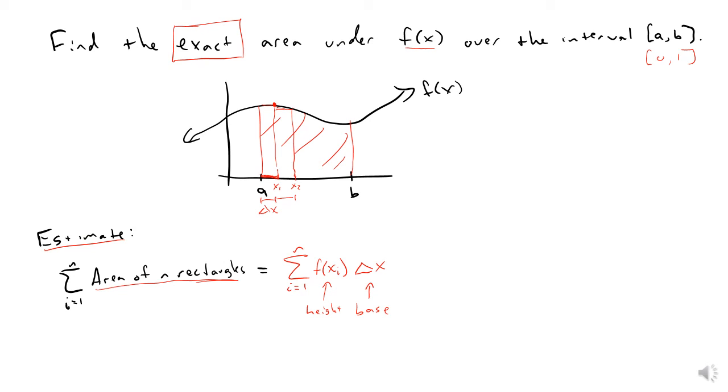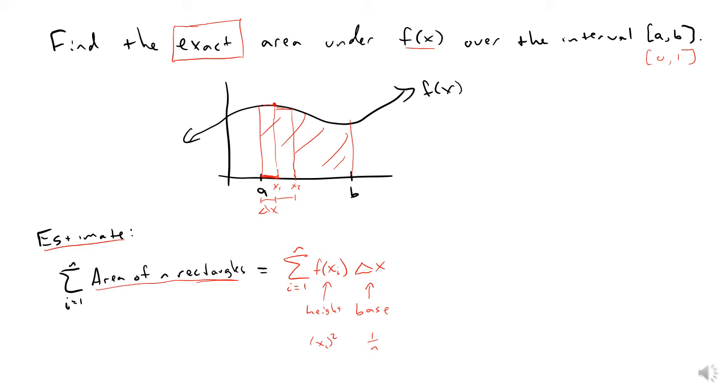Now, what we saw on the previous slide, the base was 1 over n, and the height was our x value squared. But that's not always going to be the case. That was a special example where f of x was x squared and our interval was 0 to 1.